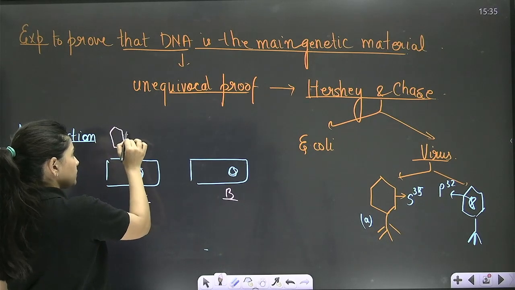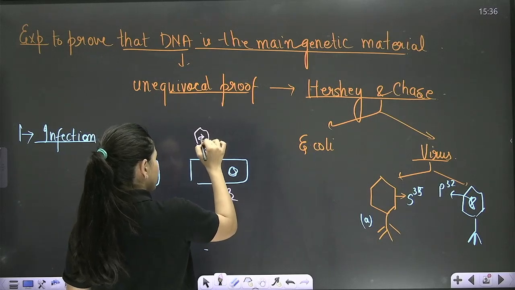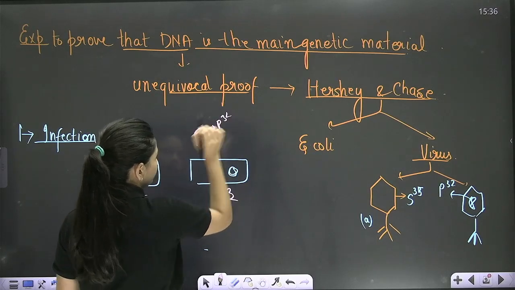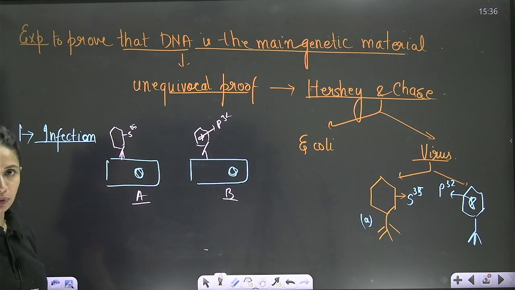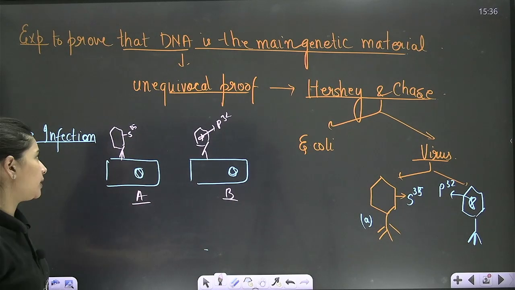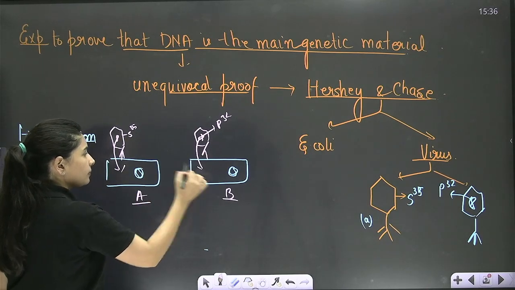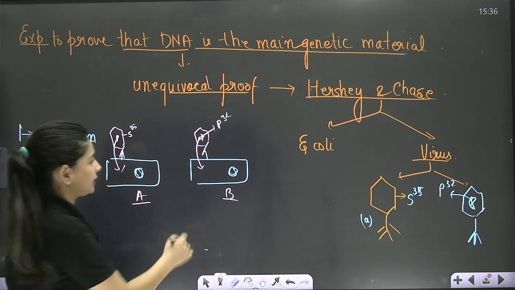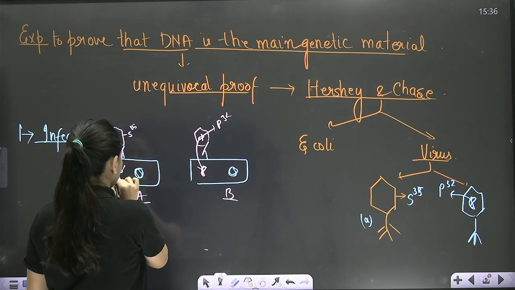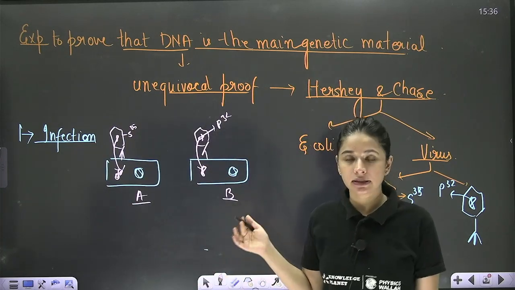In first, S35 is there, and in second, the genetic material is having P32. This is the first step, infection. As soon as the infection is done, the genetic material of the virus will enter inside the bacteria.